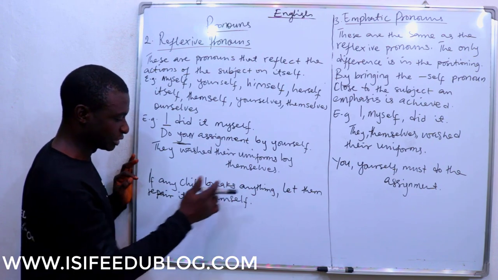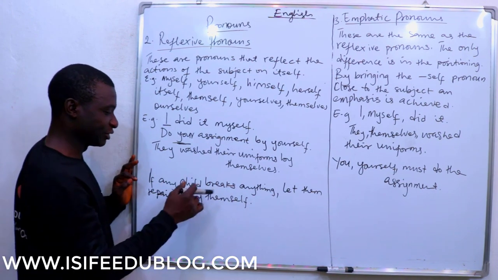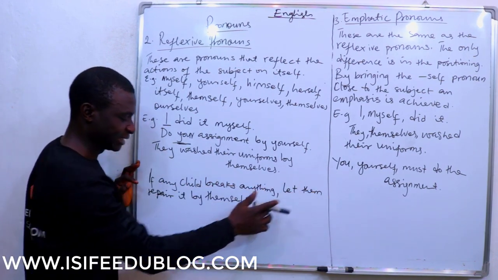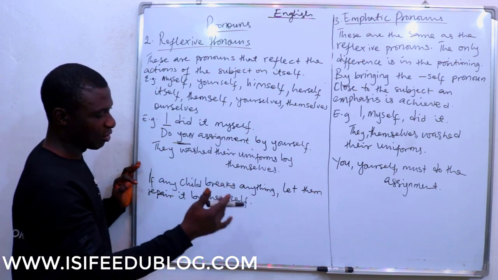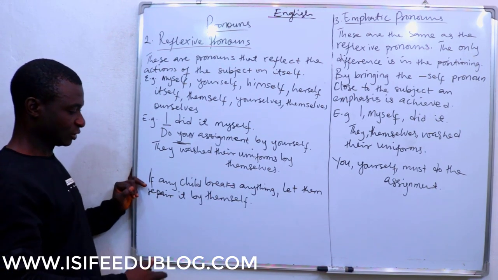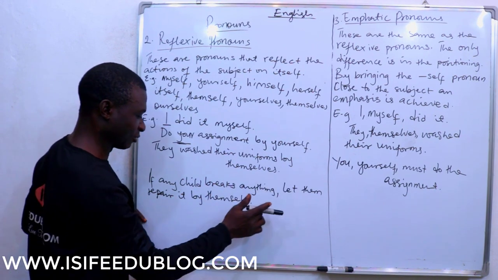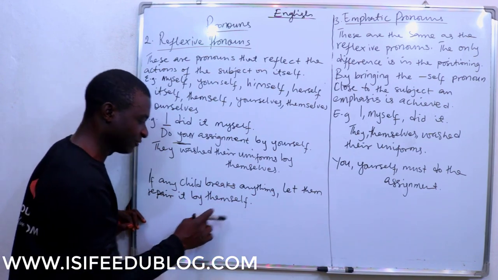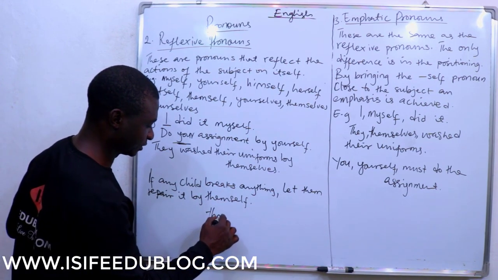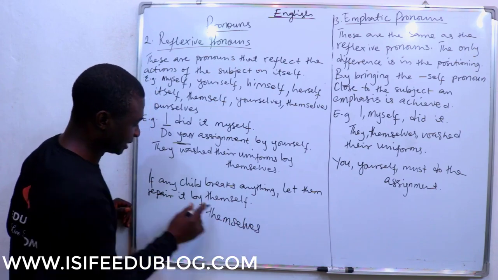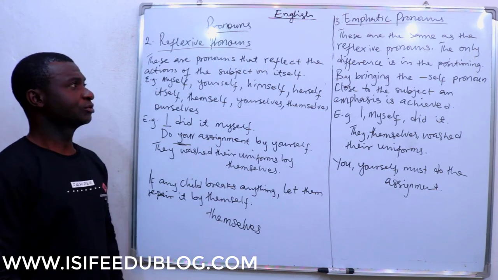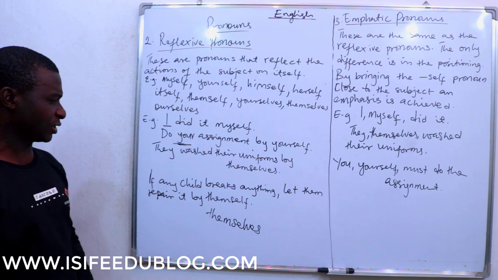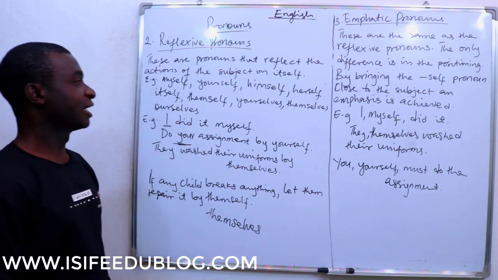Even if it goes against this one, which is child, this is plural and this is singular, but this plural form is accepted since the singular form could be him or her, which is gender sensitive. So we've used them to avoid using him or her. Then we've used themselves to avoid using himself or herself, since this is just a child. So that's how we've solved this problem of feminine agitation.